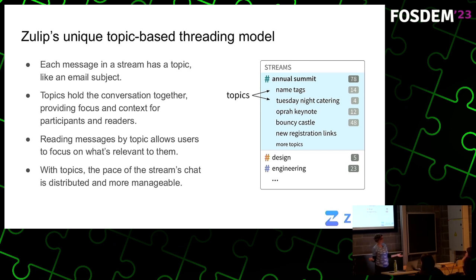So it's the end of my day. I've just got my CI passing on my issue. I'm super excited, but I'm going to sign off. But I sign into chat just before I go, and I have 78 unread messages in my annual summit stream. I was supposed to check in about this today, and I open up the topics and I see they are having a very lively discussion about a bouncy castle at our annual summit.